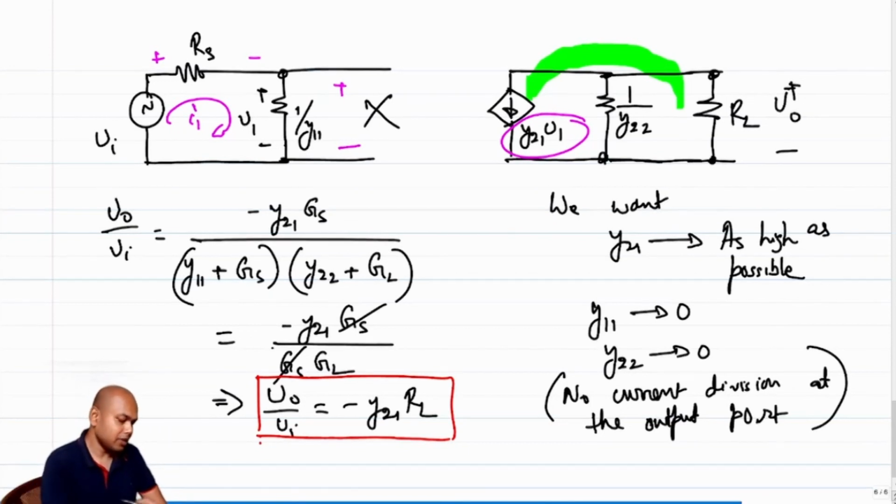If your two-port network doesn't load your input, then there will be no voltage drop of the input when you measure it across V1. So this means Y11 should tend to 0 to maximize V1.